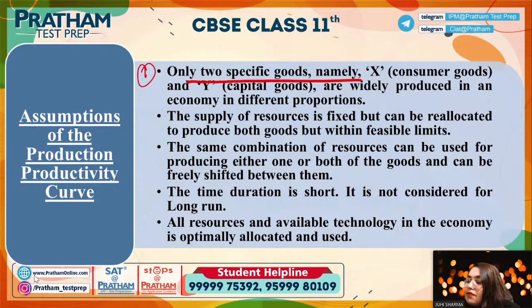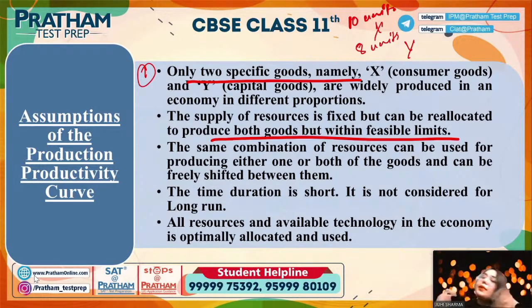For example, if we are allocating 10 units of resources for good X at a particular point of time, we have the opportunity of producing also on the other hand, and we are giving 8 units for good Y. ठीक है, हम गुड एक्स के लिए 10 यूनिट्स दे रहे हैं, वाई के लिए 8 यूनिट्स दे रहे हैं. ओके, सप्लाई ऑफ रिसोर्सेज आपका फिक्स रहेगा, आप केवल रीएलोकेट कर सकते हो. फॉर एग्जांपल आप एक्स को 8 दे सकते हो, वाई को 10 दे सकते हो, या फिर कुछ ऐसा कर सकते हो, बट इट शुड बी फिक्स. द सप्लाई ऑफ रिसोर्सेज शुड बी फिक्स्ड एंड रीएलोकेट कर सकते हो, बट ओनली विद इन द फीजिबल लिमिट्स. क्या लिमिट्स होंगी? जो भी आपके रिसोर्सेज होंगे इन एन इकोनॉमी. सो दैट इज द सेकंड assumption that we have.